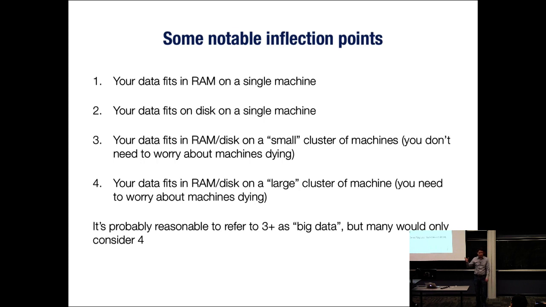That's the first category, and that's not big data, I would argue, right? Machines can get pretty big, but maybe we're talking about tens of gigabytes here, maybe 100 gigabytes if you have a beefy machine that you can get on Amazon for not too much money, actually. That's the tens of gigabytes we're talking about. Definitely not big data.